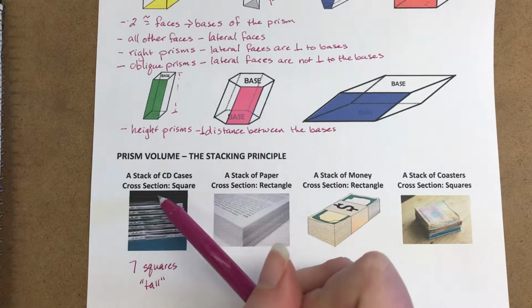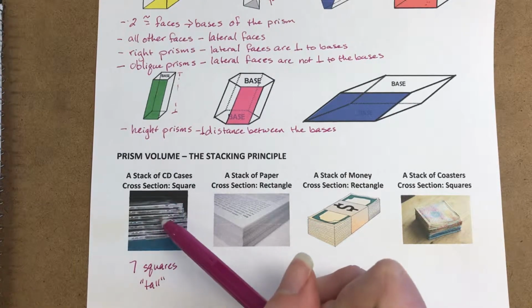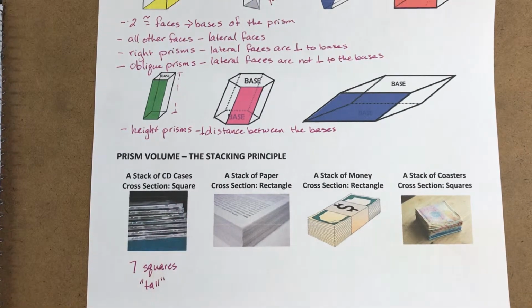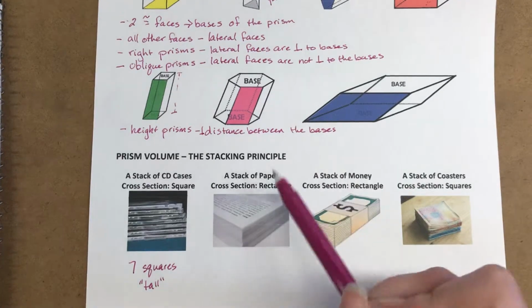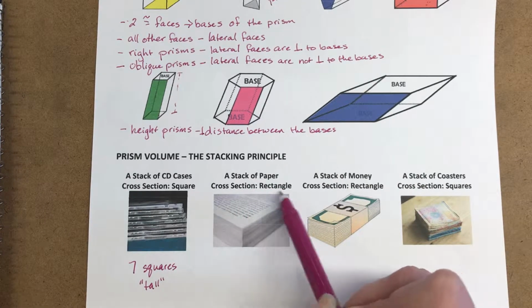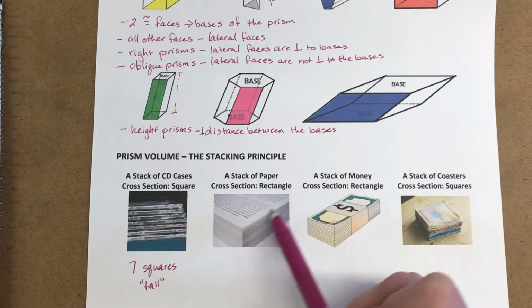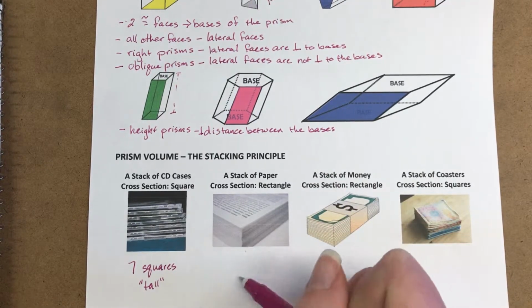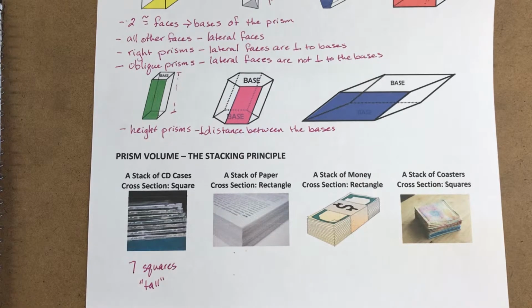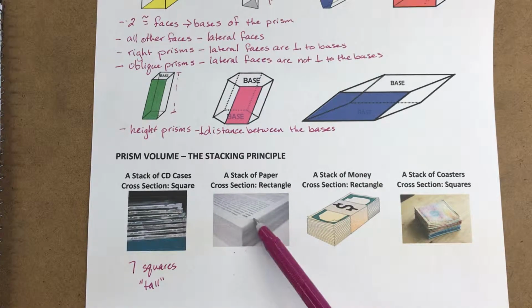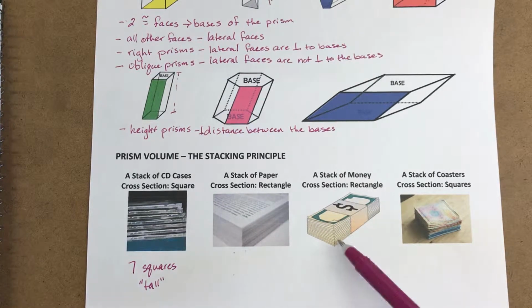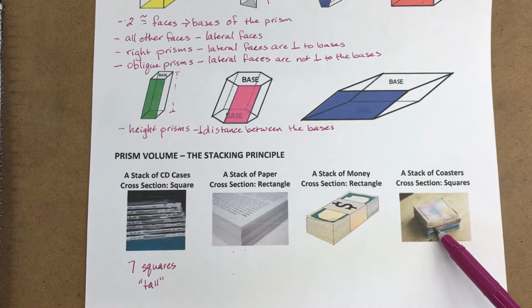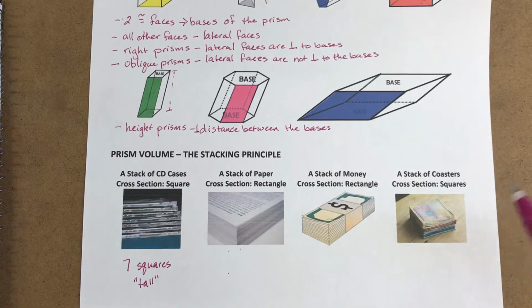So I could find the area of 1 square and then take it times 7, and that would give me the volume. Same concept here. I could find the area of 1 piece of paper, that's the rectangle, figure out how many papers are in my stack, and take that area times that number, and that would give me the volume of this stack of paper. Same thing with the money, same thing with the stack of coasters.